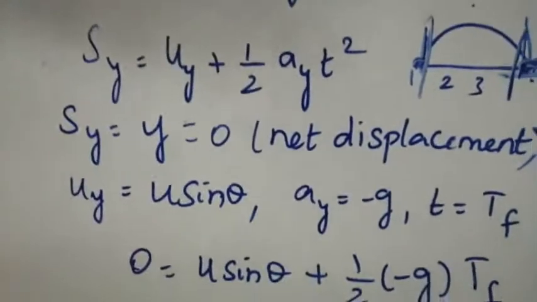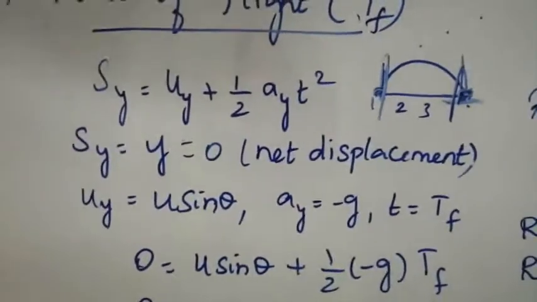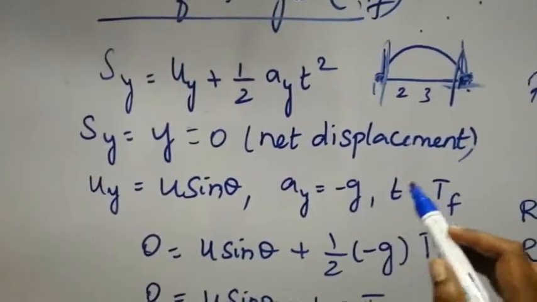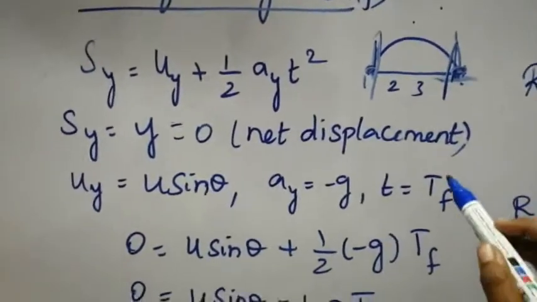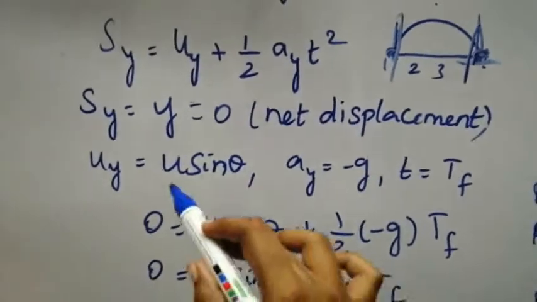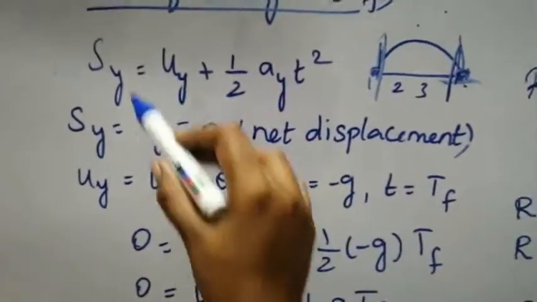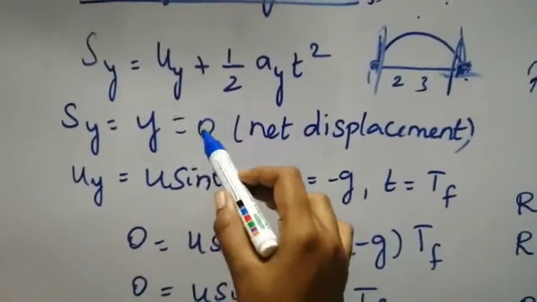We know for y it is always uy equal to u sin theta, ay equal to minus g, and t here is the time period, the time of flight tf. So substitute all these terms here. Instead of sy, it is totally 0.